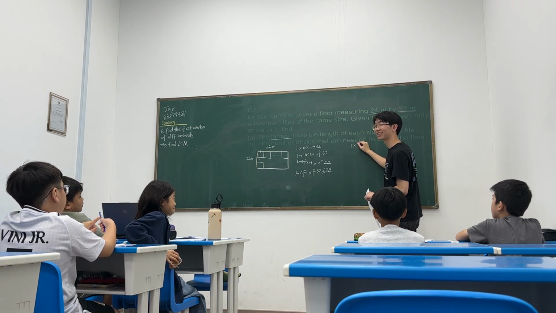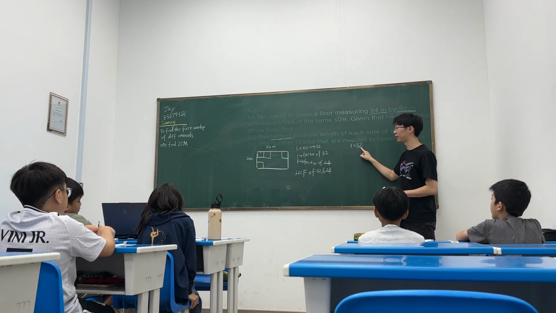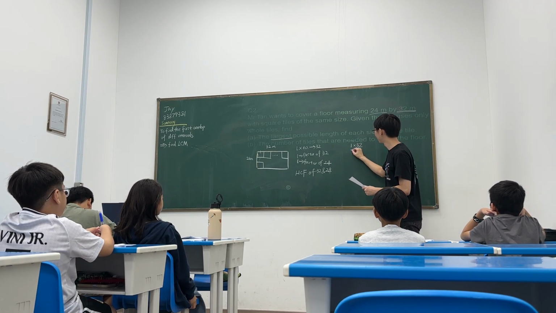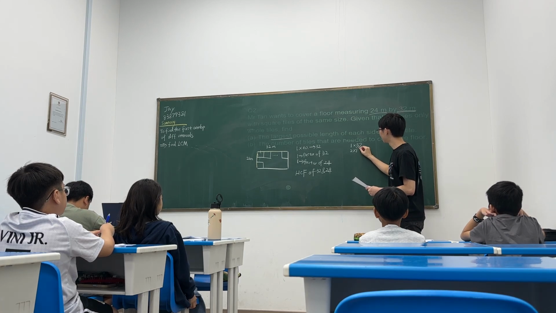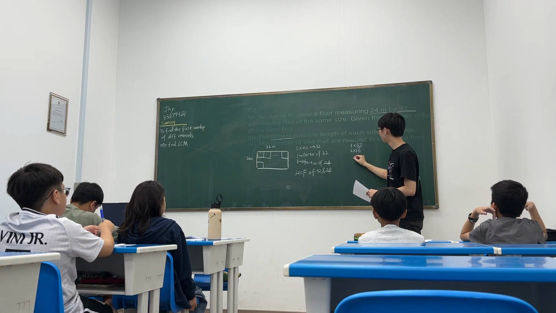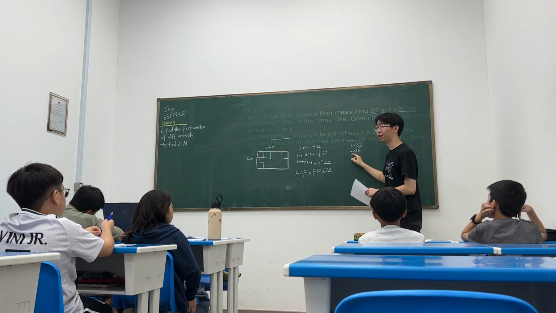1. Okay, 1 times 32. This will give us 32. So these two, they are all factors. Other factors? 2. 16. Okay, perfect. Anything else? How about let's try 3? No. How about 4?